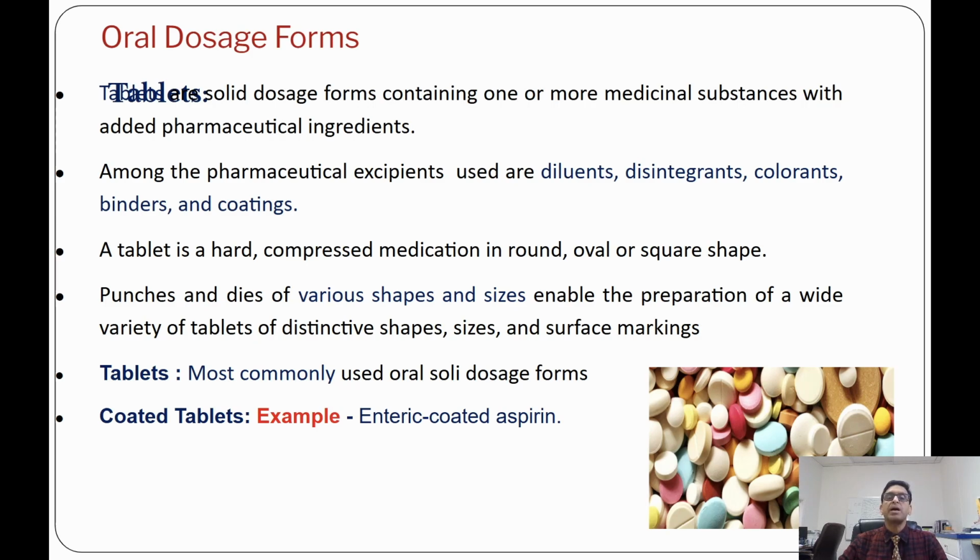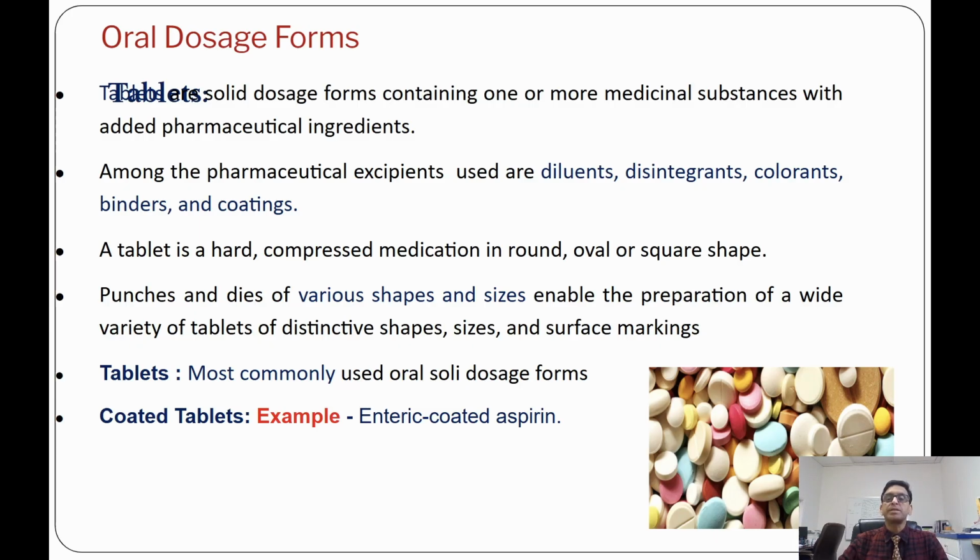Many excipients are used in making a tablet. Mostly tablets are hard, compressed solid masses containing the medicament, in round, oval, square and many other shapes that are possible by designing this dosage form.